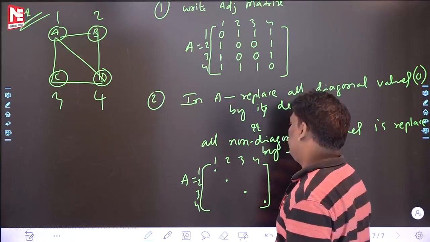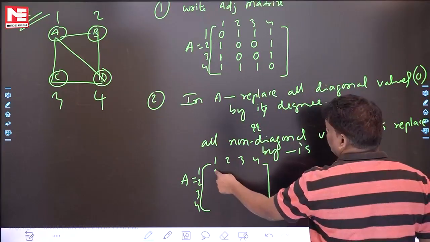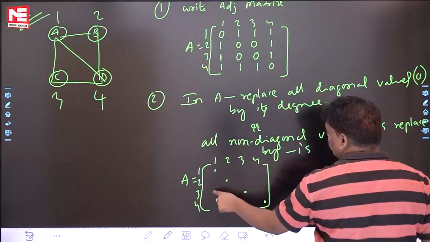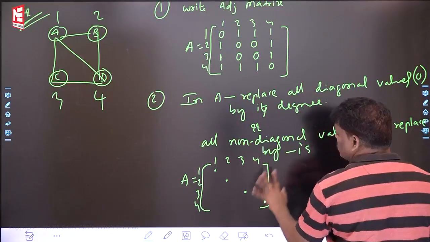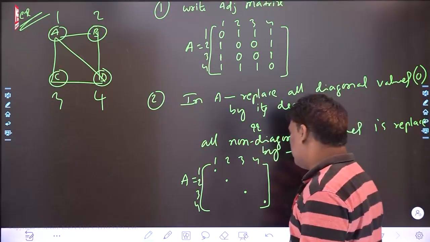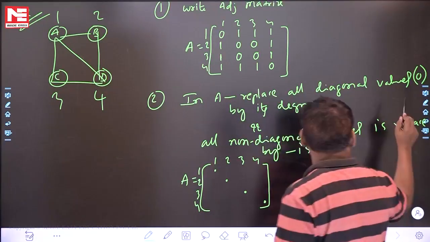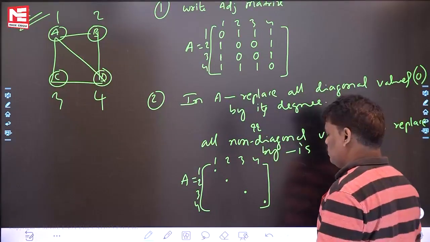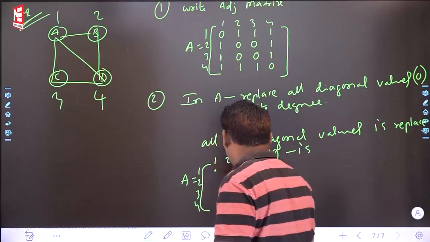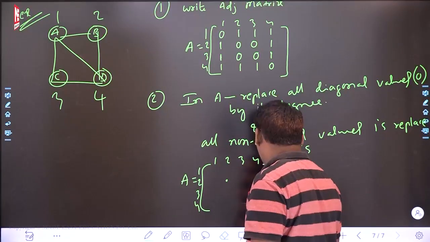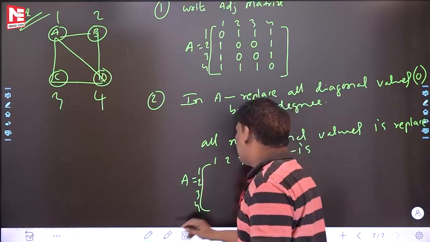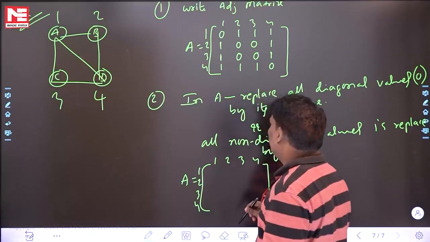Please be careful. We will replace these. Next, all non-diagonal values once, replace by -1s. Now I will do this. If anyone has a small doubt, I am doing it now. See correctly now.